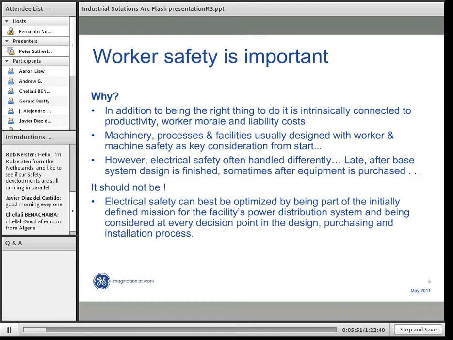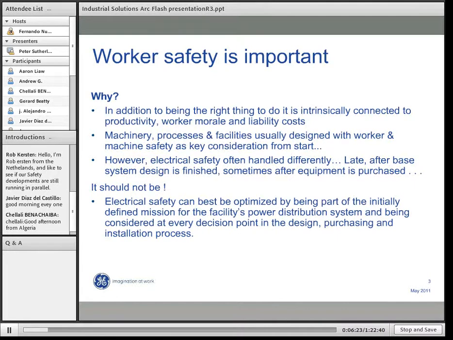Okay, so the important thing is that the machinery, the processes, the systems, the facilities should be designed with safety as a key consideration from the beginning of the design phase. You should not consider safety at the end of the design. Okay, now we've designed a system, now how do we make it safe?